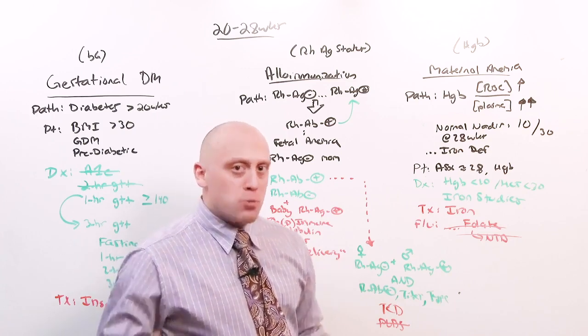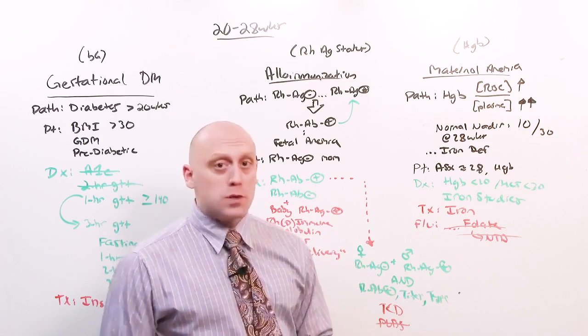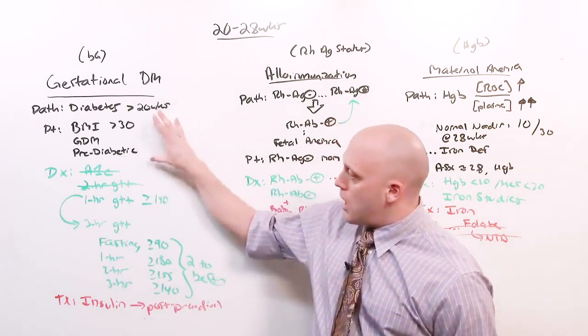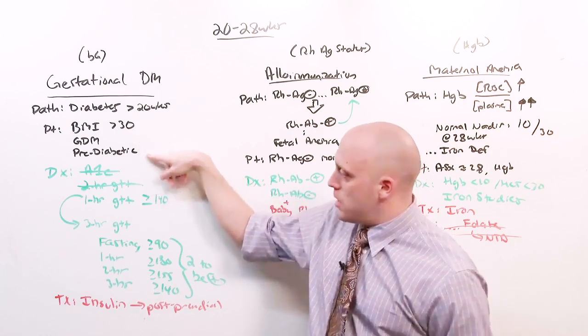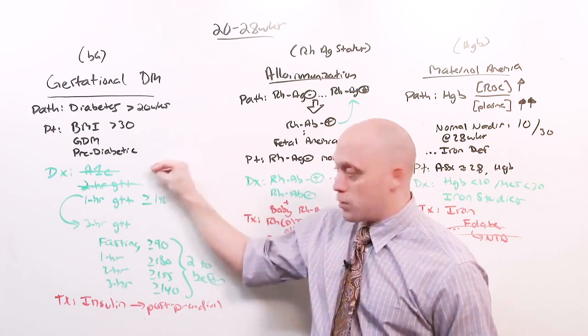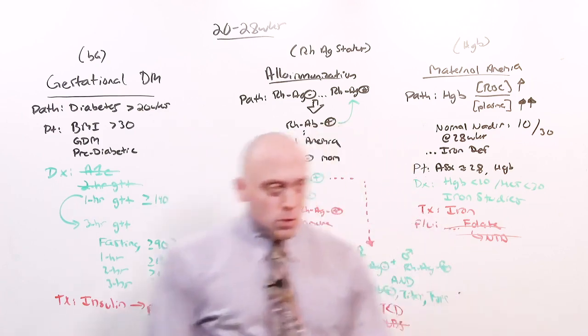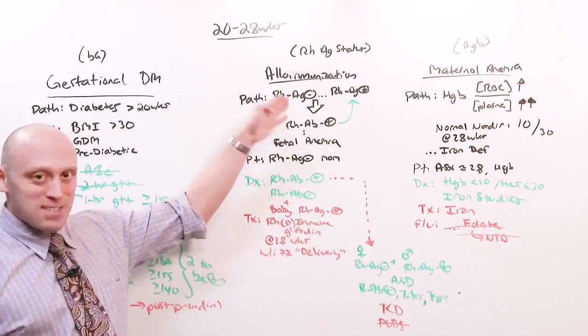Okay, 3 broad strokes, 3 different diseases, all of which happen to be screened for around the same time, 20 to 28 weeks. Gestational diabetes, high risk if obese, had it before, or currently have prediabetes. Don't use the A1C or the 2-hour glucose tolerance test. Do use insulin. For alloimmunization, what matters is that mom has an antigen negative status.